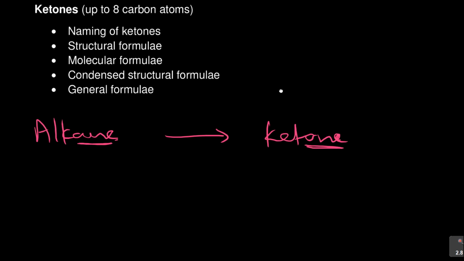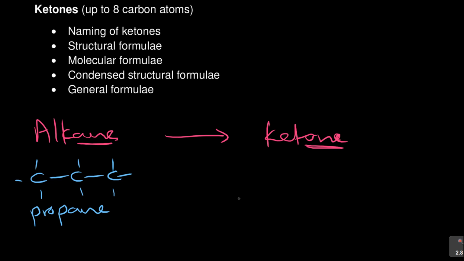For example, now with the ketones, be very sensitive. The first ketone has got 3 carbons. You cannot start with 4 carbons. So it starts from this one. We have an alkane, which is propane.